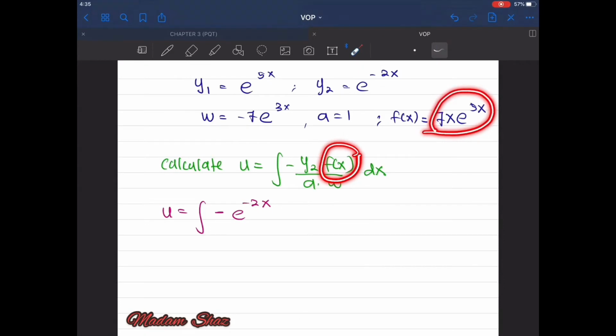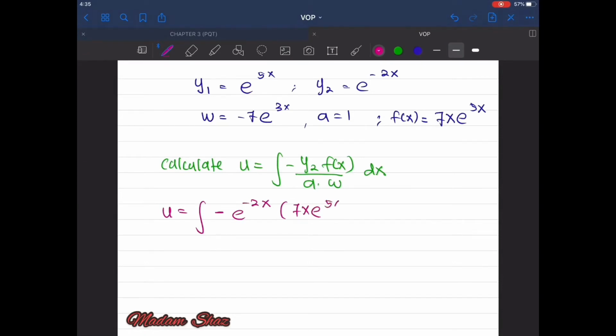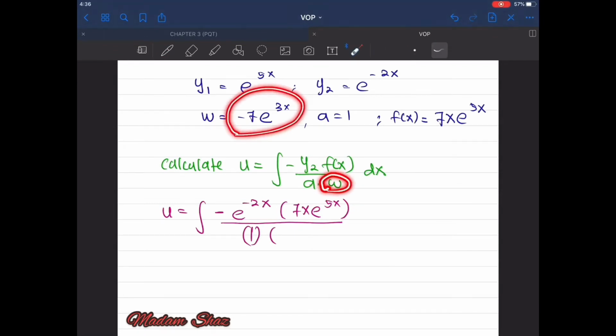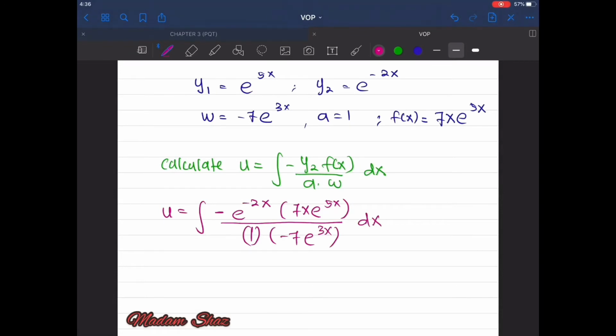Multiply with the fx, so substitute 7x exponent 5x. Divide with a, so a is equal to 1. Multiply with w, so w is equal to negative 7 exponent 3x, dx.